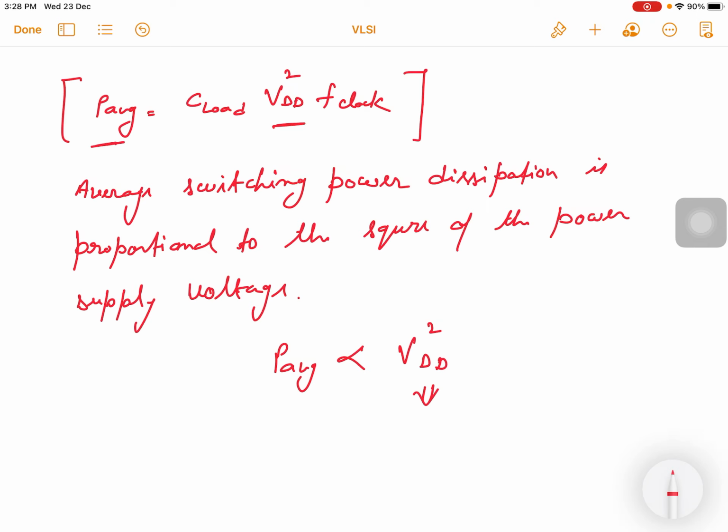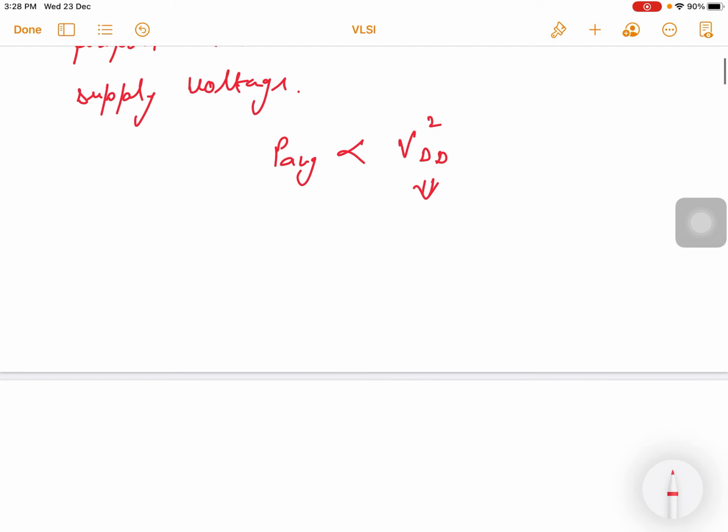But there are some limitations. Suppose you reduce VDD square, the power consumption is going to reduce, but there will be different effects on the delay, because you know the formula of the delay, tau PHL and tau PLH. We have seen this formula.